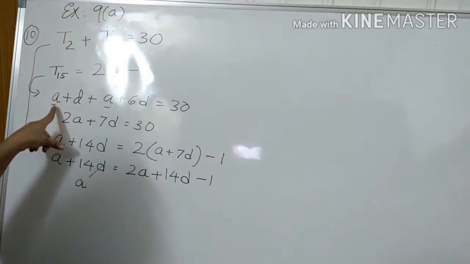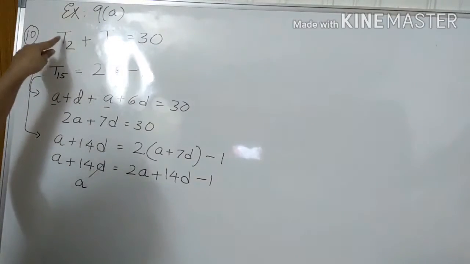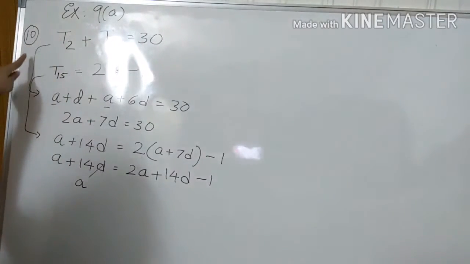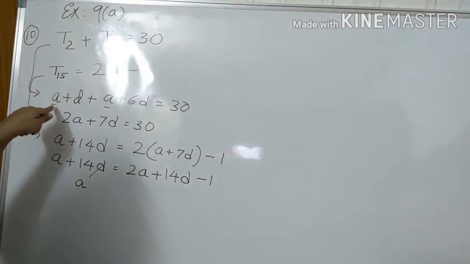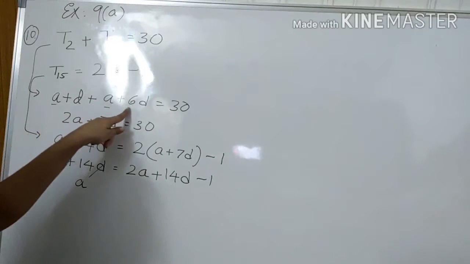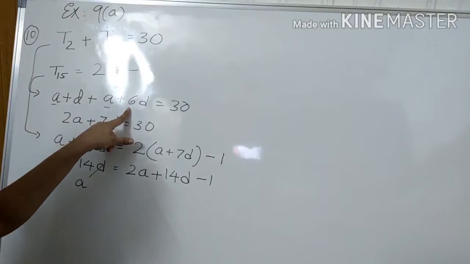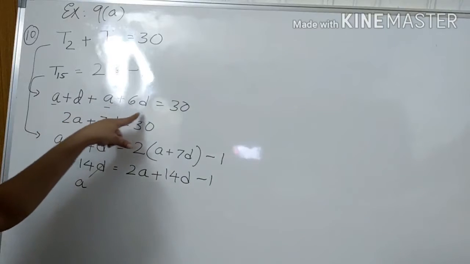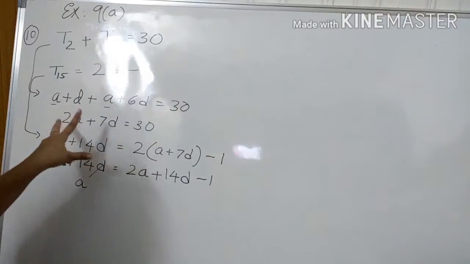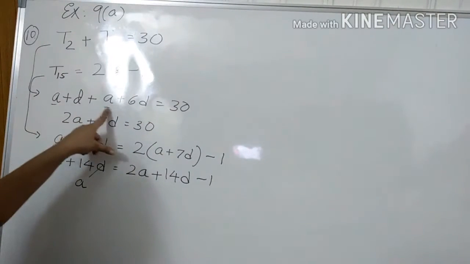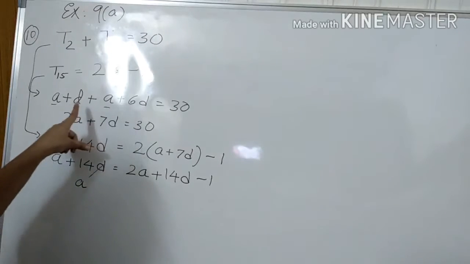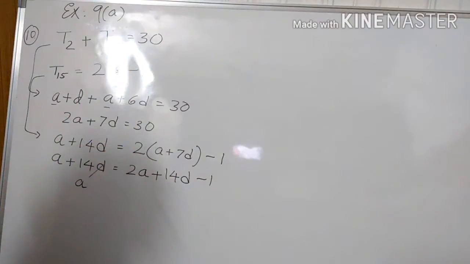Now this is A plus D, from the first relation. A plus D plus A plus 6D, according to our formula of nth term, is equal to 30. Adding like terms, A plus A is 2A and 6 plus 1 is 7D, equal to 30.